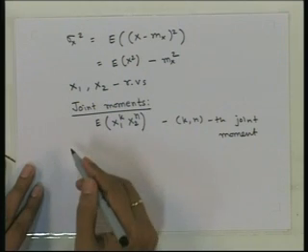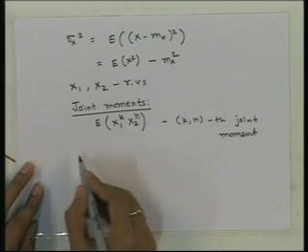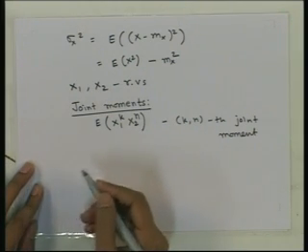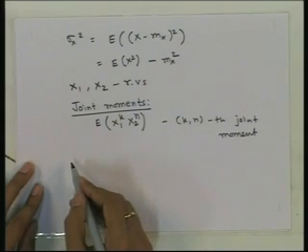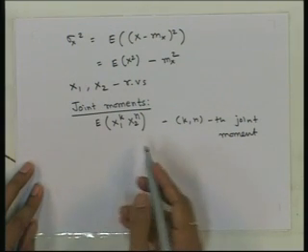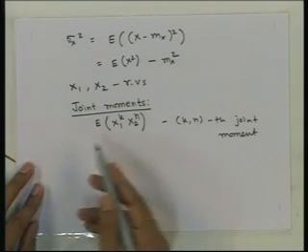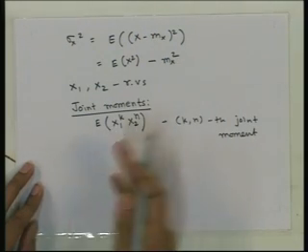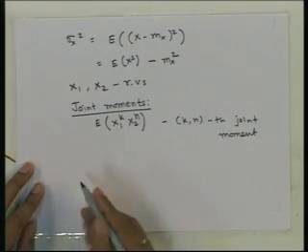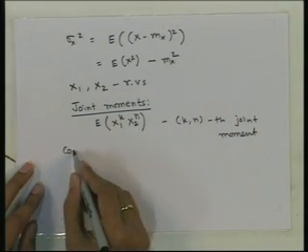Now, similarly, we can compute the central moments. We can subtract the mean values and then get the central moments. And covariance is of special importance.